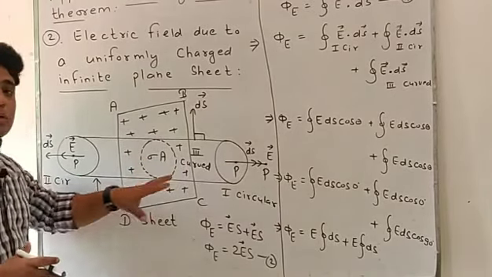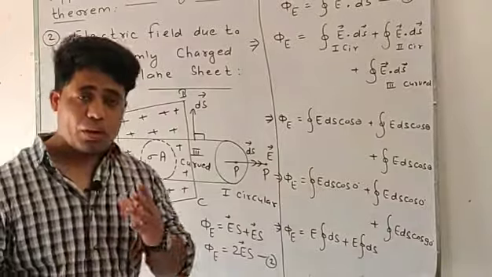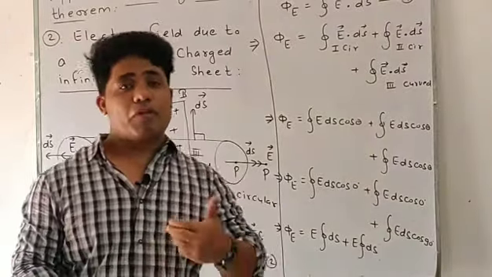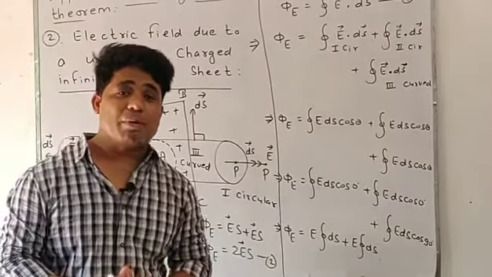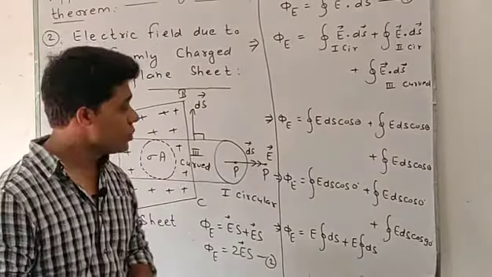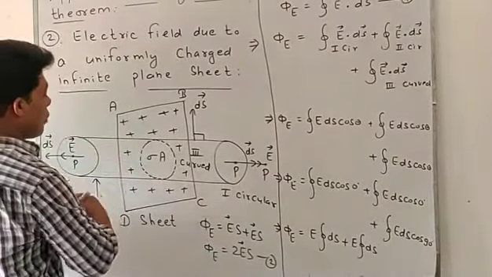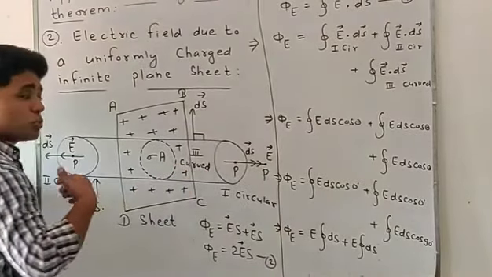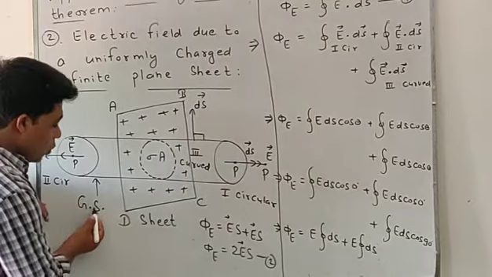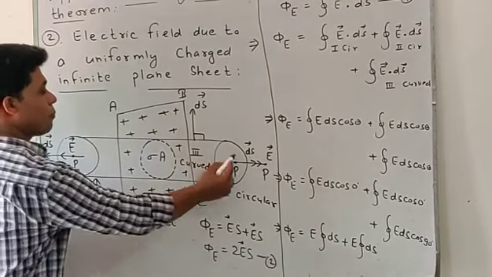Okay, it is charged, but we know for getting flux we have to apply Gauss theorem, and Gauss theorem is always applicable when charge comes in a closed surface. So around the sheet we'll assume a cylindrical closed surface, and this cylindrical closed surface is said to be the Gaussian surface, this one.